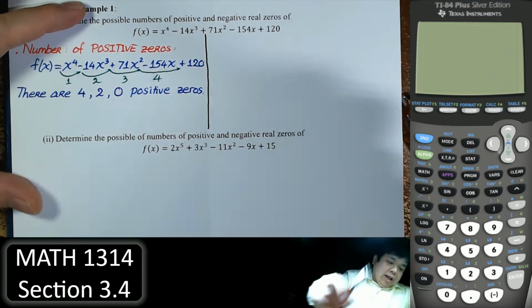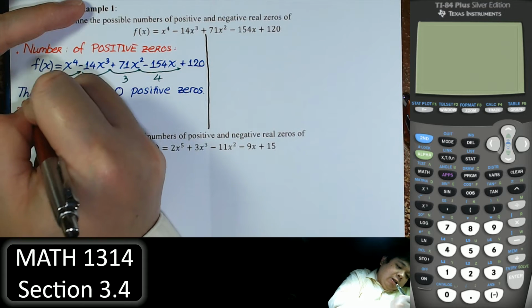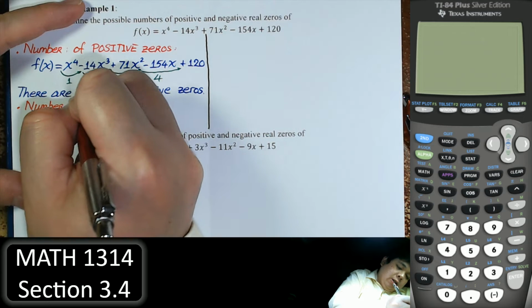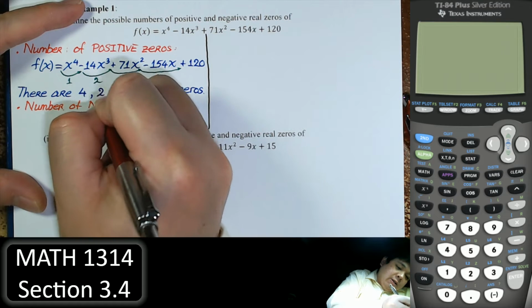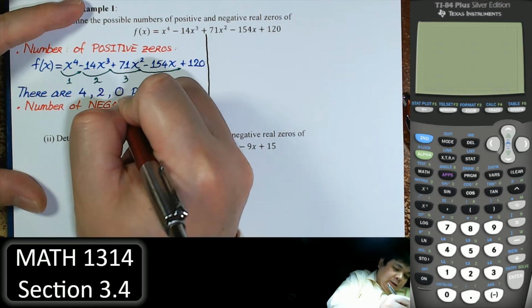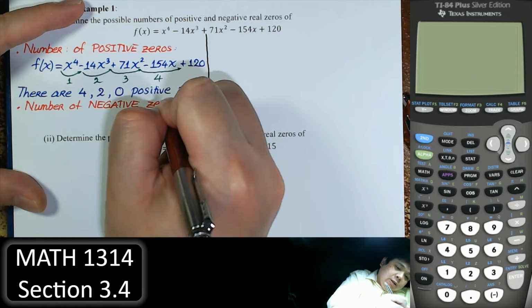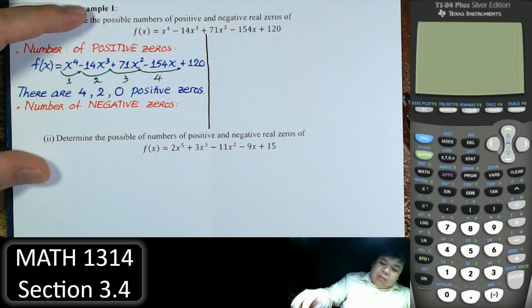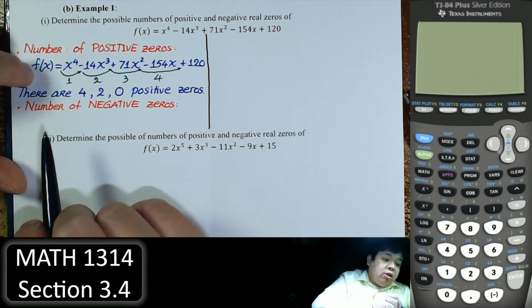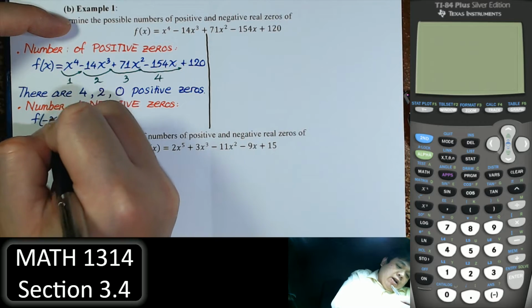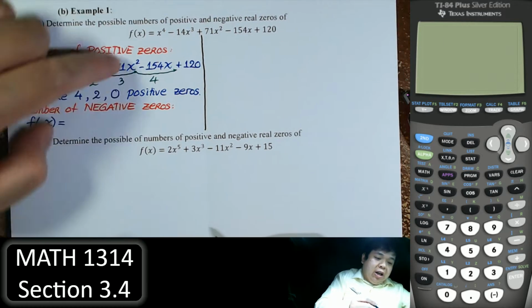Next we go for the number of negative zeros. For that, we're not going to count the sign changes of f of x. We count the sign changes in f of negative x. So I put negative x into this.